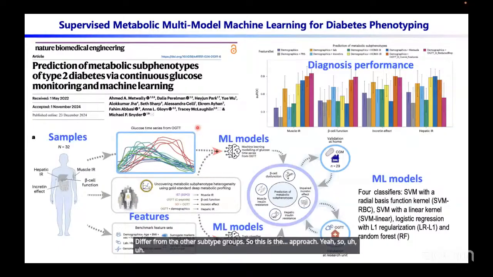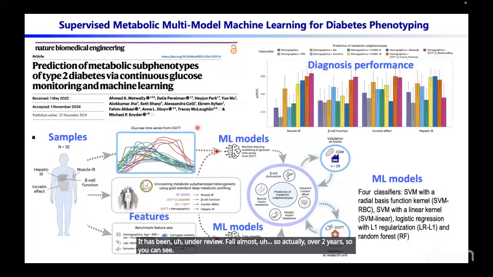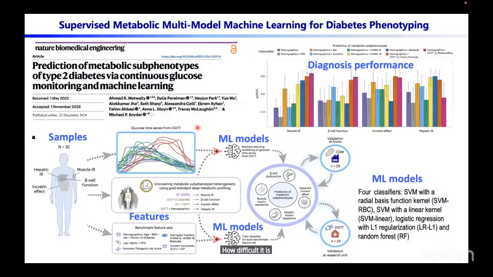This is a paper also published last year, but you can see that it was under review for actually over 2 years. So you can see how difficult it is to publish a biomedical AI model in this kind of prestigious journal.